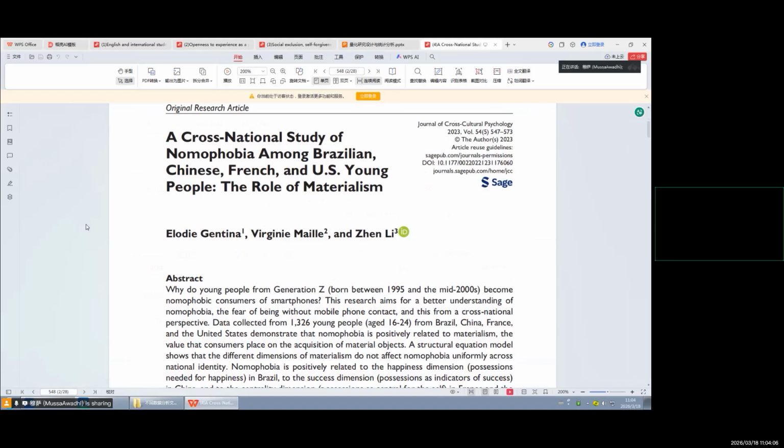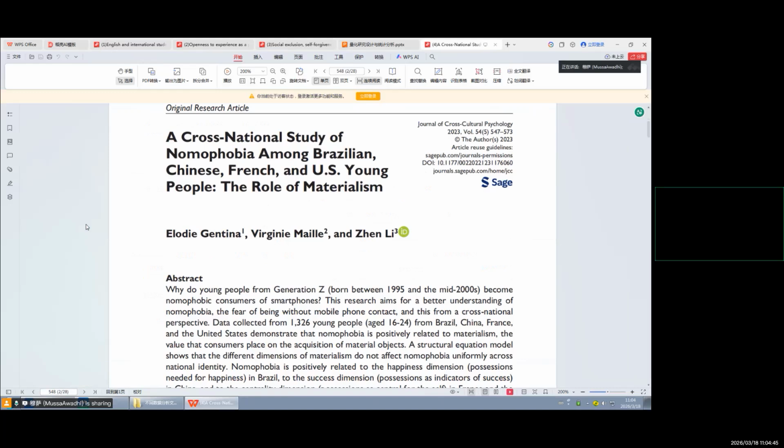What is the big difference in comparison to the previous articles? We're not only looking at the different variables, but also the dimensions of the variables. It looks into specific dimensions, right?